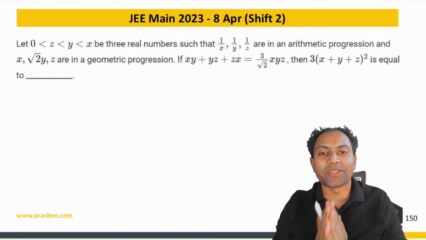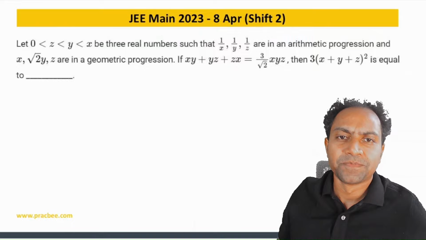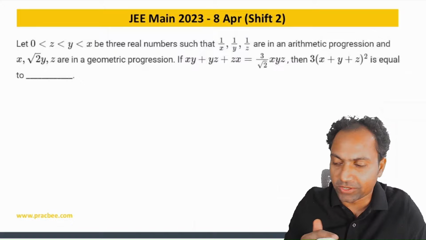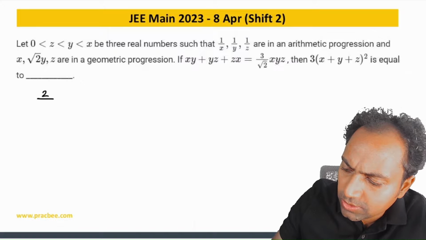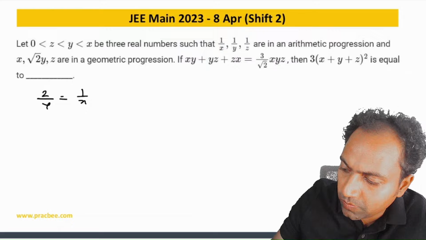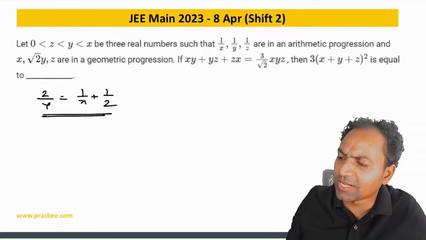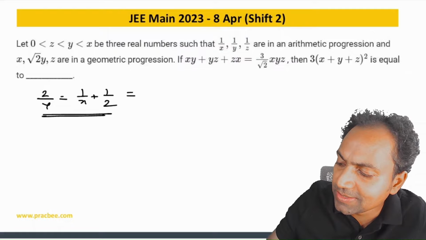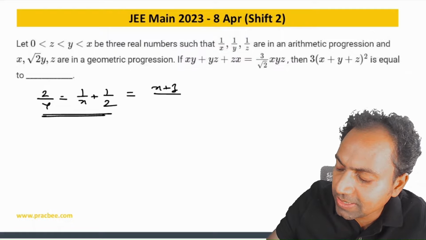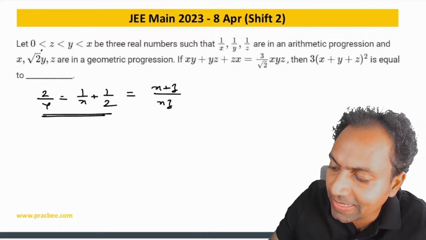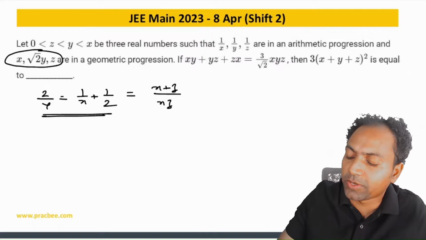Now let us look into another question based on a similar type of concept. What they are giving in this question is that 1 by x, 1 by y, 1 by z are in arithmetic progression. What that would mean is 2 by y will be equal to 1 by x plus 1 by z. This condition we know. So if I simplify this, this is nothing but x plus z by xz. This is what we will get. Another condition is given that x, root 2 y and z are in geometric progression.